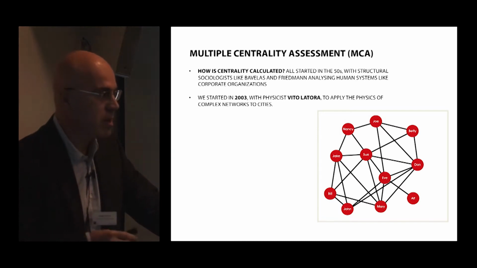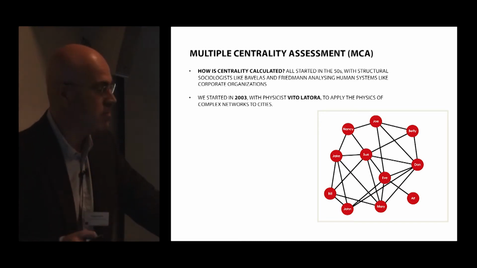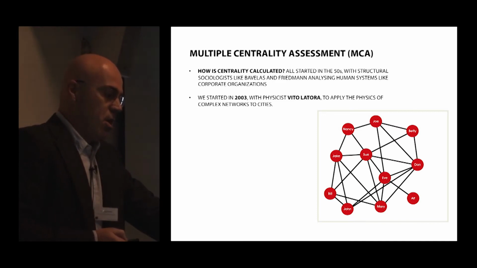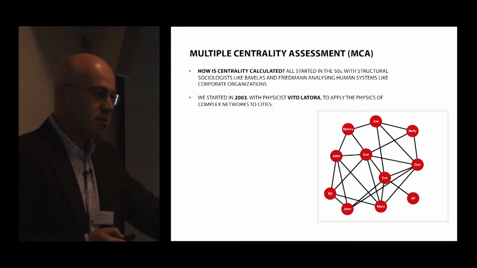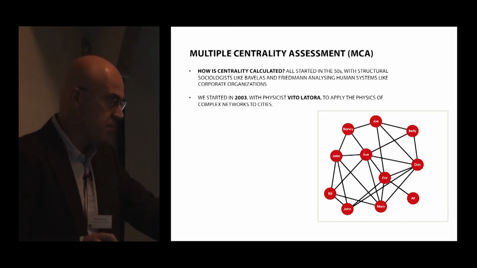Now, how do we calculate the colors of those maps? Mathematically, this is very simple, but it started much time ago, basically in the 50s.